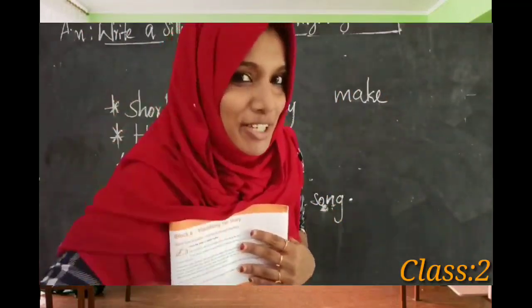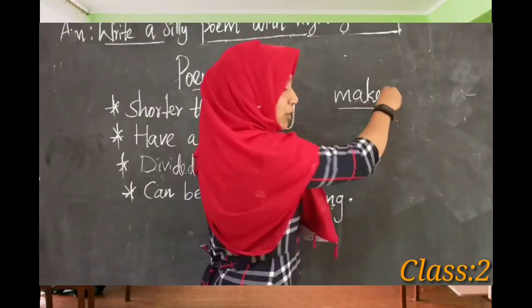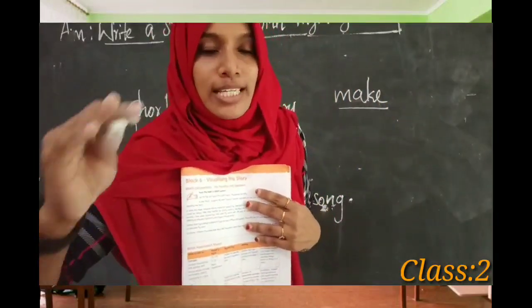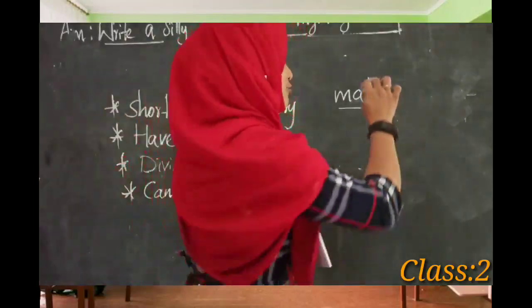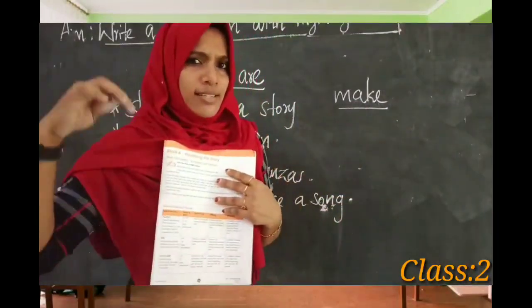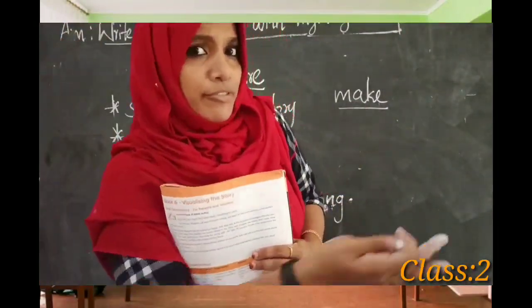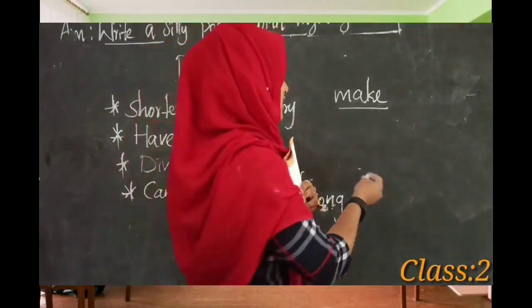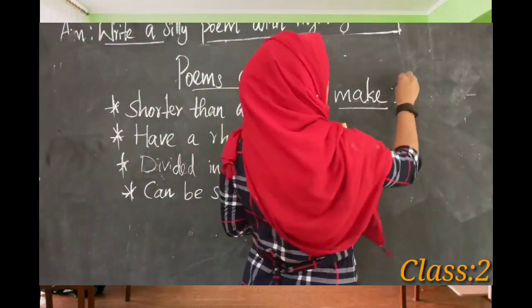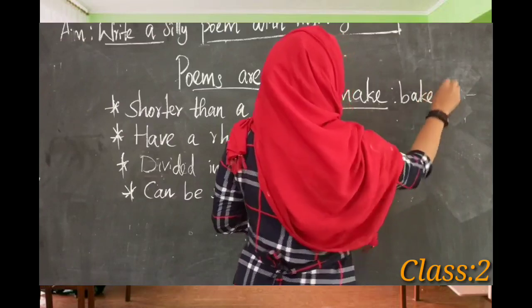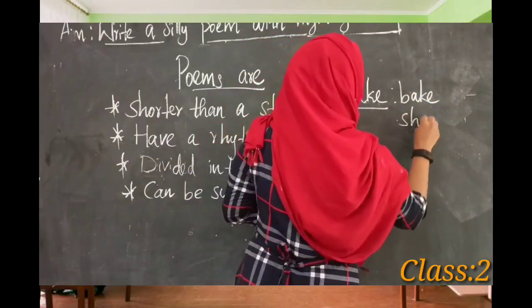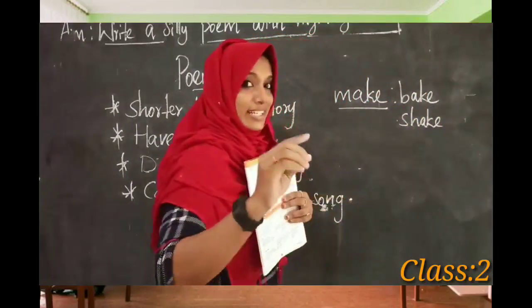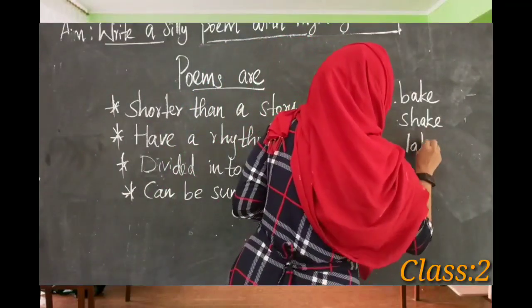Okay, then what we will do is we have to find out some rhyming words, some rhyming pair for this word make. Just think about that. You get any rhyming pair for this word make? Yes, here I got bake, then shake, then yes, lake.